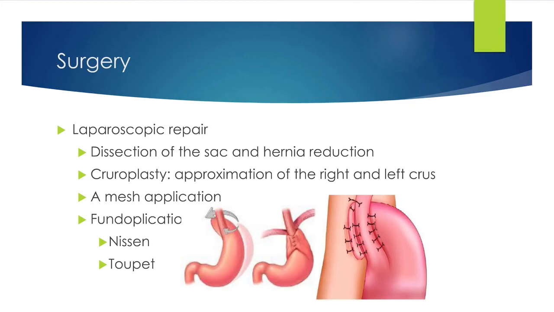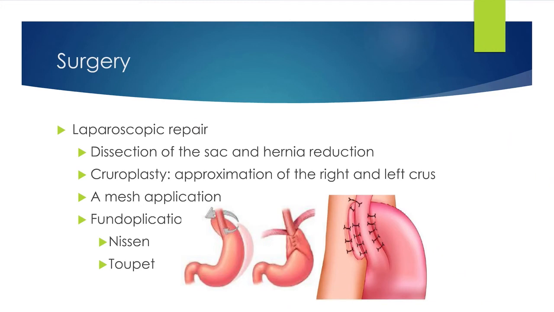What tells us we have taken the entire sac is when the stomach stays on its own entirely in the abdomen, and also the gastroesophageal junction is below the hiatus, below the diaphragm. That's the first part. Then we do what we call cruroplasty.